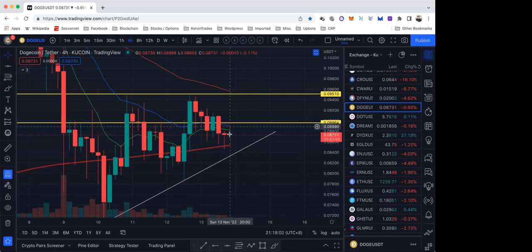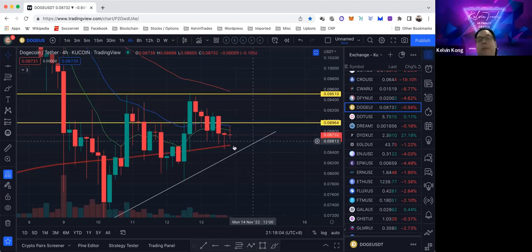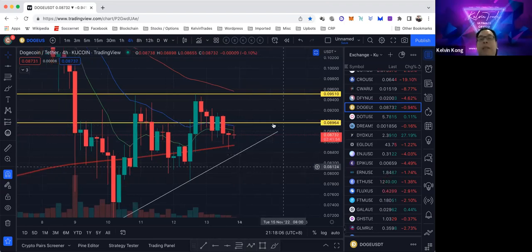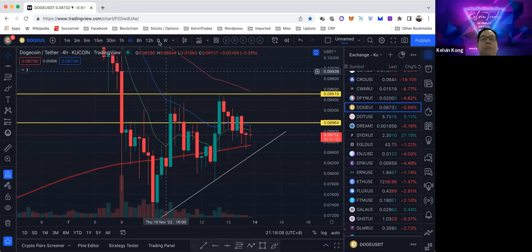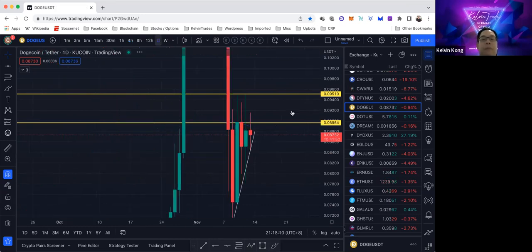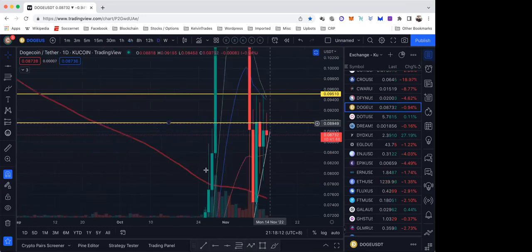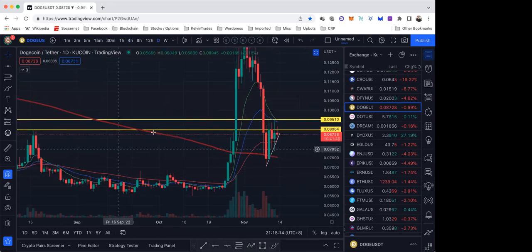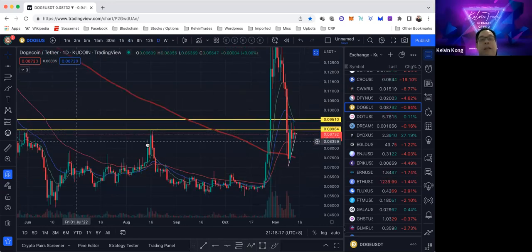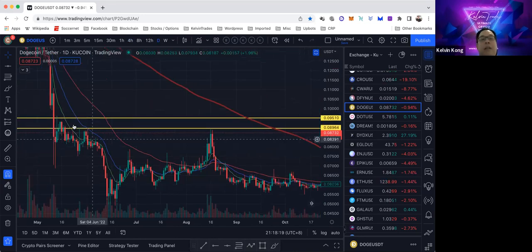It could hit and come down, or come down and go up. And where did I get this line from? From there, here, and here, right? Ding, ding, ding. So this is a strong resistance.